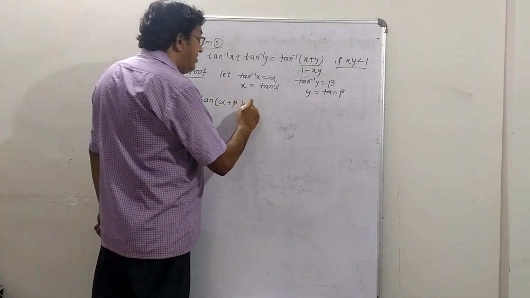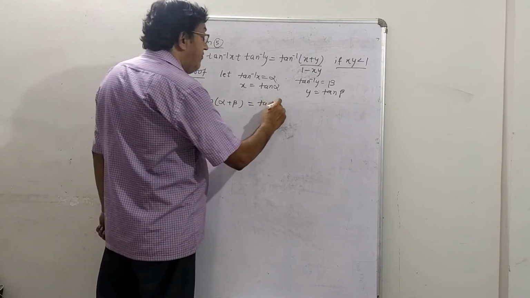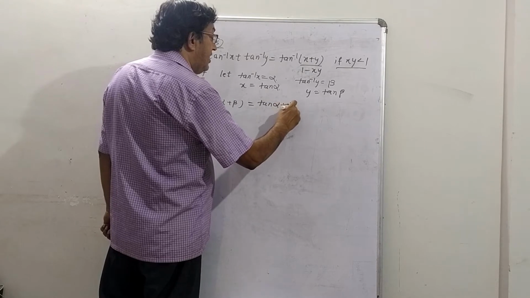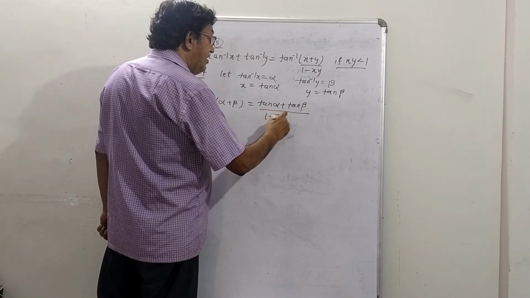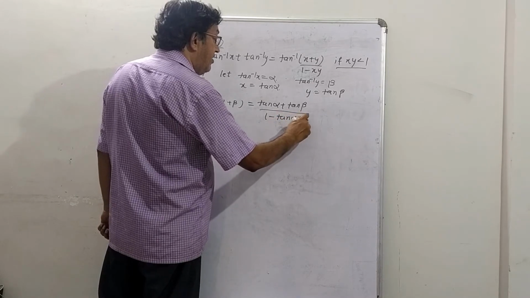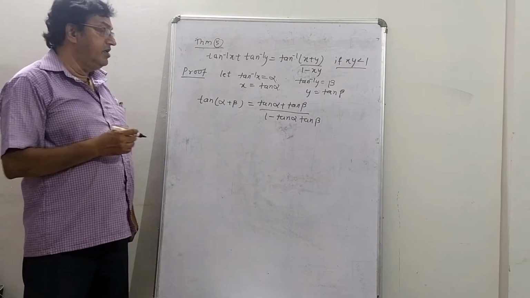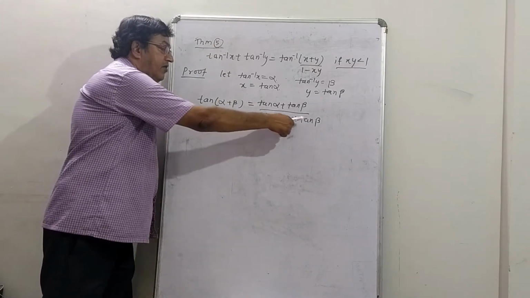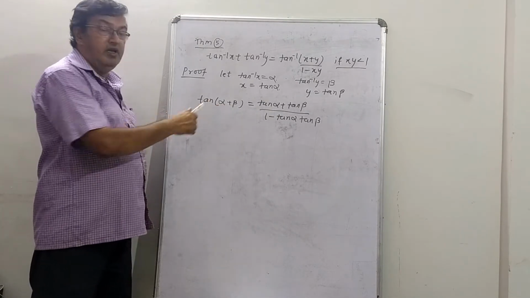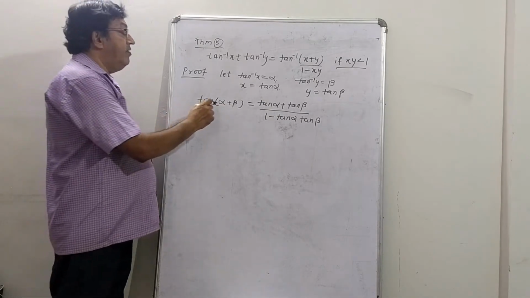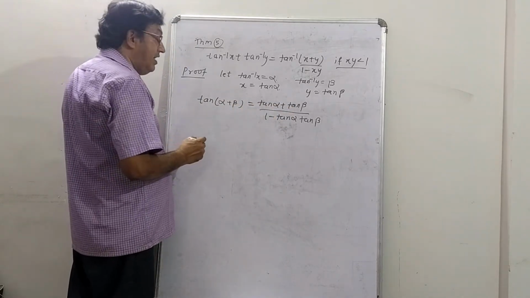So tan of alpha plus beta is like tan of a plus b, so it is tan alpha plus tan beta divided by 1 minus tan alpha into tan beta. So it is the tan of a plus b formula, tan a plus tan b upon 1 minus tan a into tan b. Instead of a it is alpha and instead of b it is beta. So tan of alpha plus beta is tan alpha plus tan beta upon 1 minus tan alpha into tan beta.